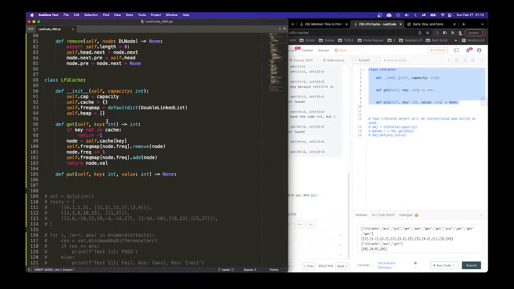When I get it, I don't have to check. But if the frequency, you know what? Because I need to check, there's no point of doing this. Let's do it that way.